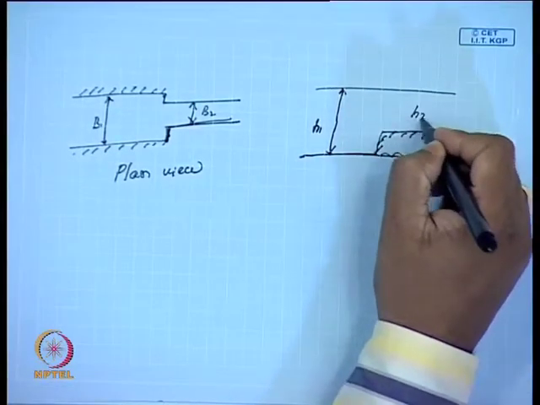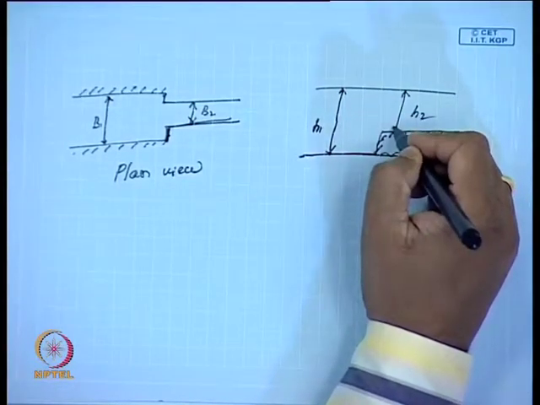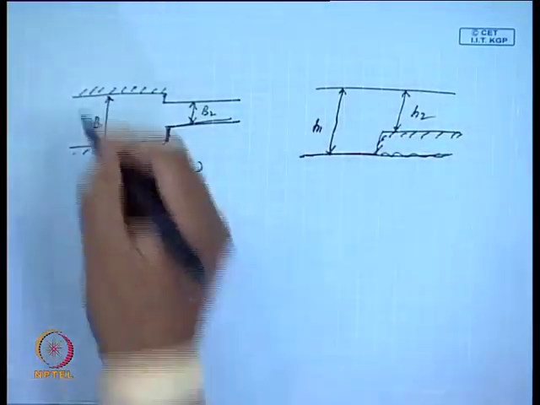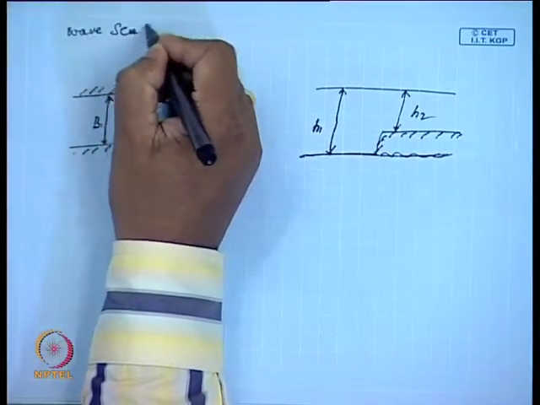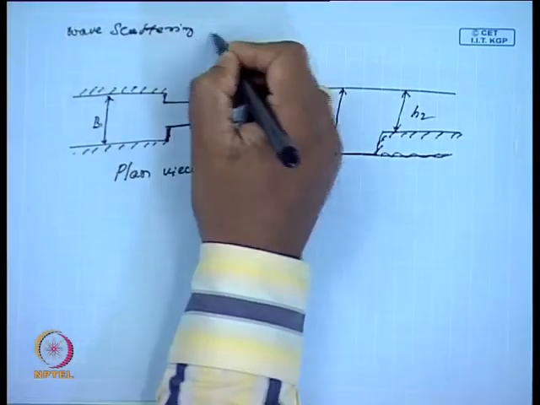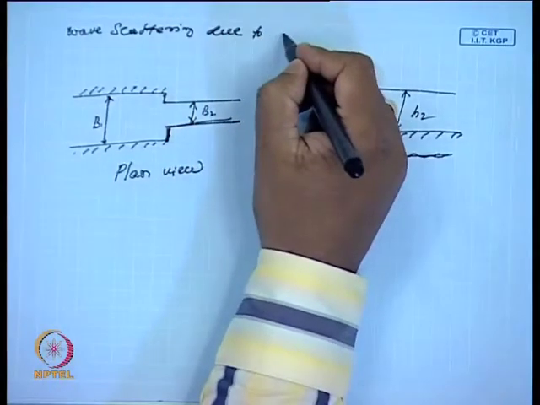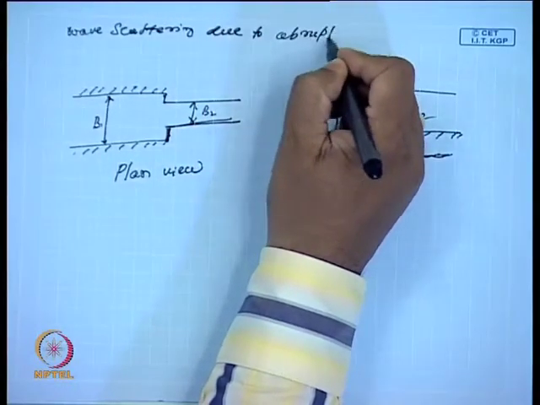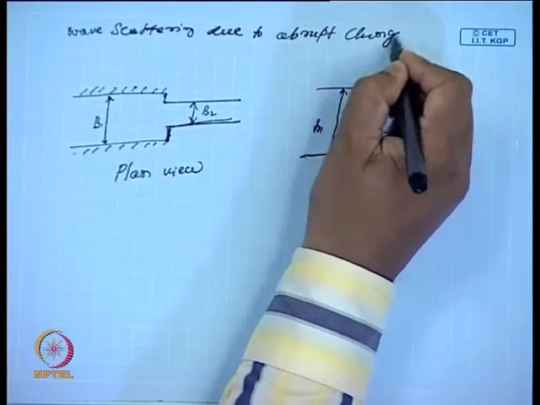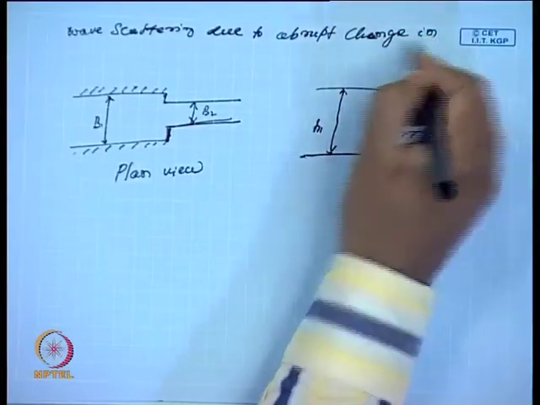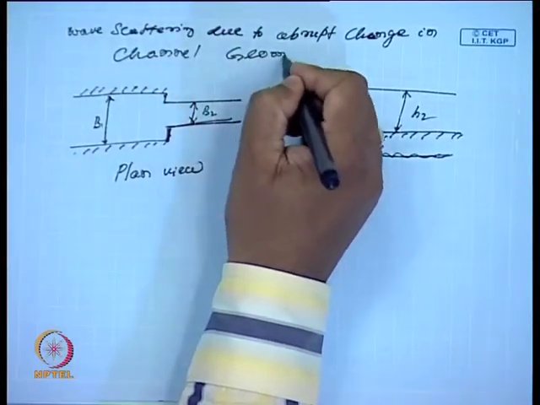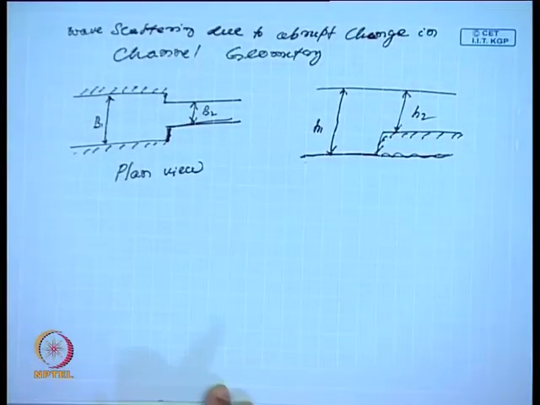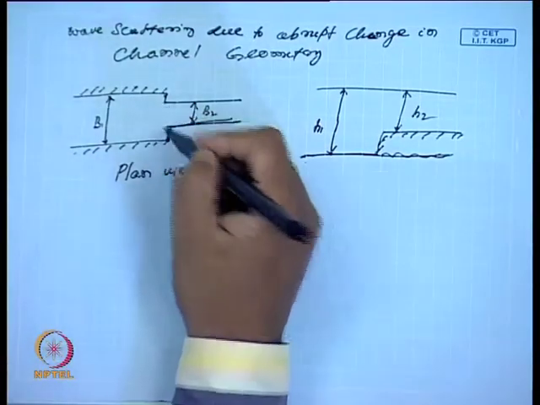The wave propagates from depth h1 to depth h2, so there is wave scattering due to abrupt change in channel geometry. Change in channel geometry.